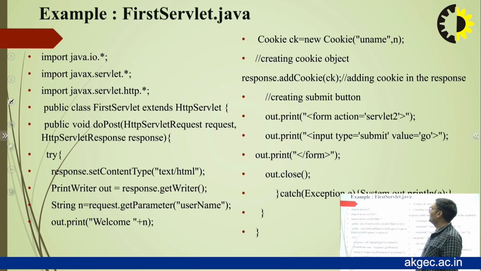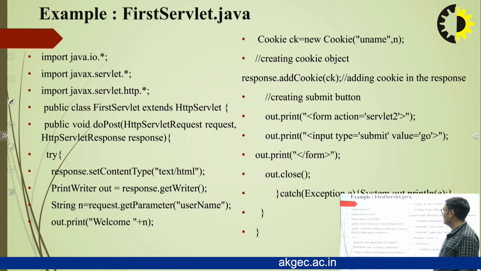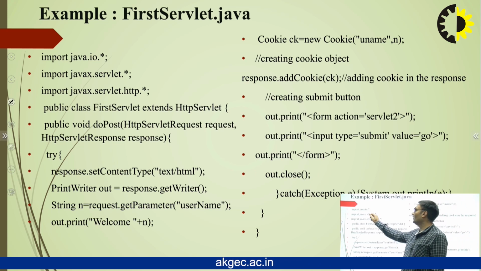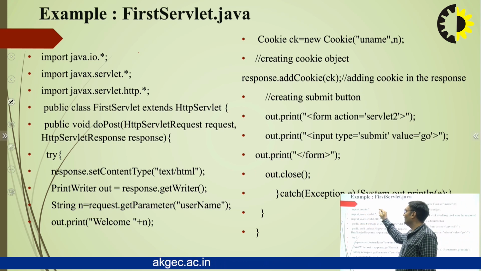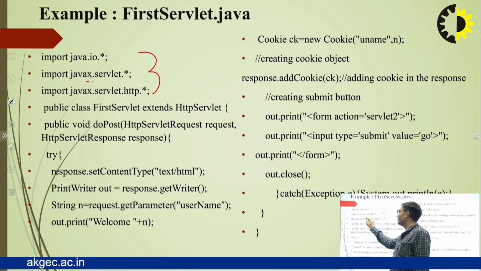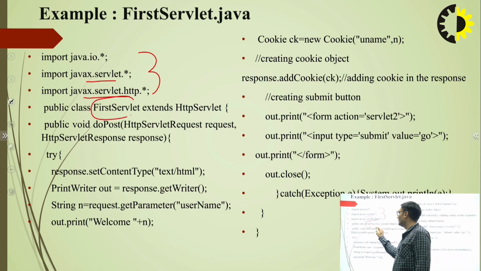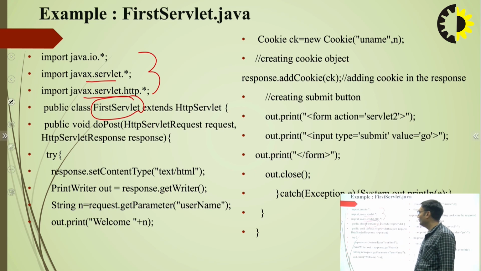Here I'm writing the first servlet program just to set the value of the cookie. Here I will take 3 packages. One is import java.io, javax.servlet, and javax.servlet.http. So this one is our first program. I am writing a class with the name first servlet, and I am extending HTTP servlet.